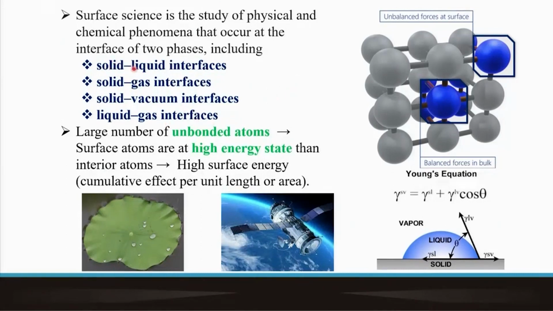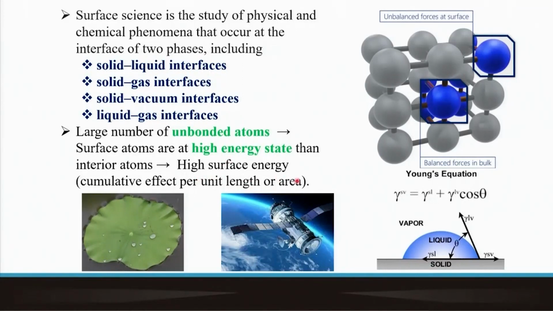So as I said, we could have solid liquid, solid gaseous, solid vapor, in other words, or solid vacuum, and various kinds of interfaces. And the key to the origin of the surface energy are these unbounded atoms. And it is because of this reason the surface atoms are more reactive, more prone to take part in reaction, and that's why they are believed to be in high energy state.